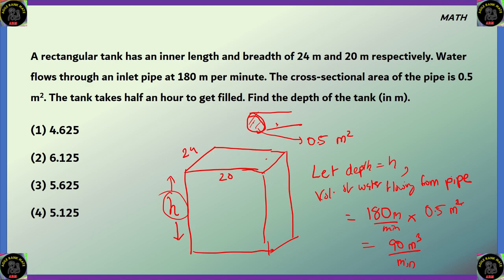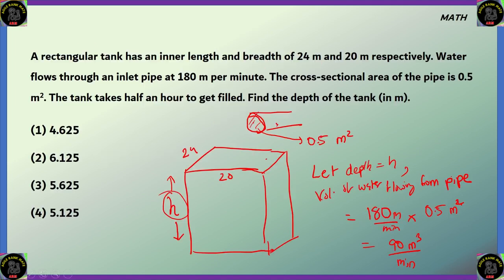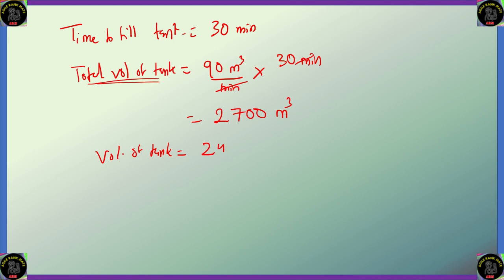Now, we know that the tank is a cuboid, so this volume of the tank would also be equal to 24 into 20 into h. That is, the volume of a cuboid is the product of its three sides together. So let this be 1 and this be 2.